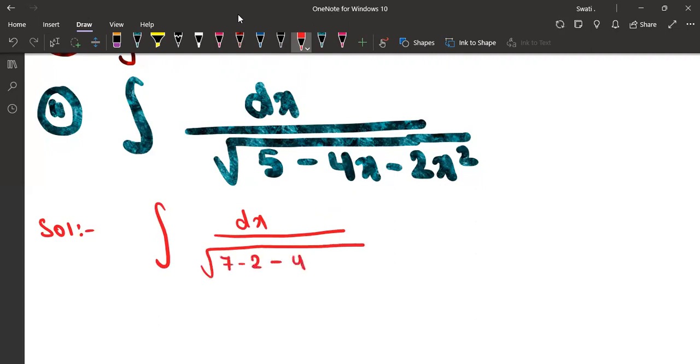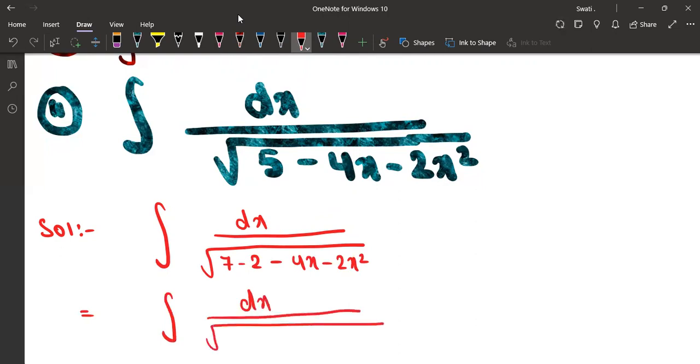And then minus 4x minus 2x squared as it is. Now in the next step, I'll write dx upon root 7 as it is. Now from these 3 terms, I'm taking minus 2 common. If I take minus 2 common, what is inside the bracket? 1, because 2 times 1 will be 2. Plus, because I have taken minus common, so 2x plus x squared only.